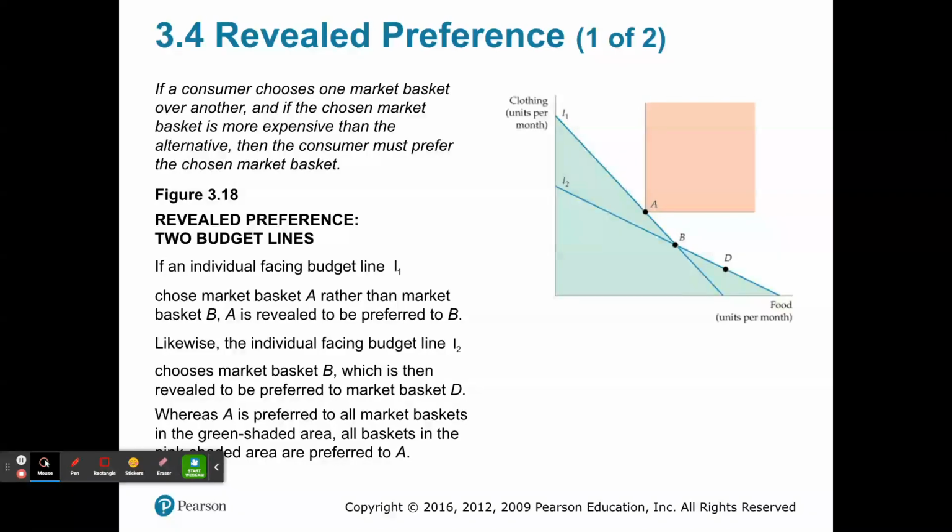And what it does for us here is we basically know that any points below at least part of the triangle are affordable, but you're not spending all of your income. D is not affordable, at least when it comes to I1, but it is affordable when it comes to I2, budget constraint number 2.